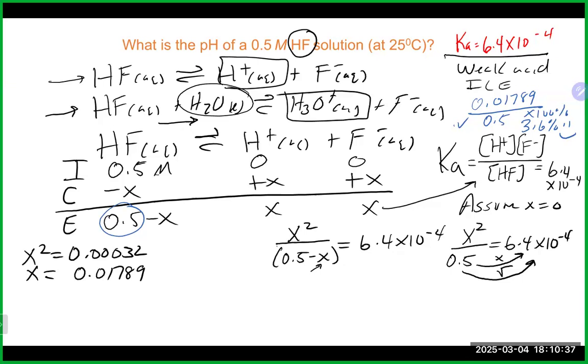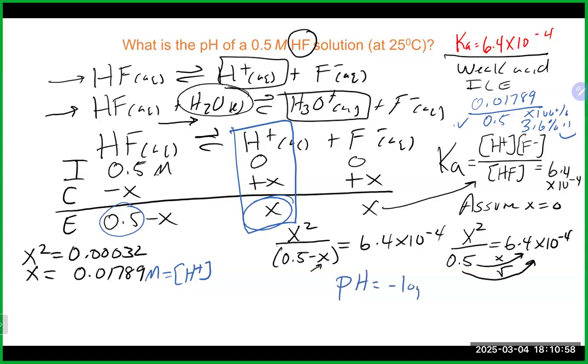At that point, really in this case, we're actually interested in just the pH, right? So if we go to our table, we can see at equilibrium, the H plus concentration is actually equal to x, which means this is actually the H plus concentration. That means we could go into our pH is equal to minus the log of 0.01789.